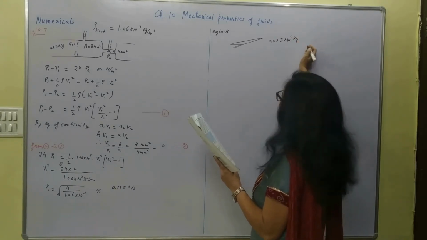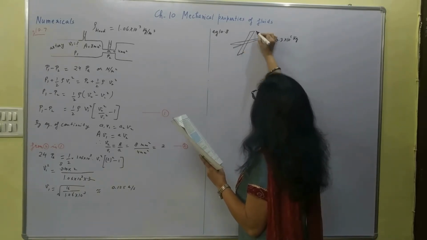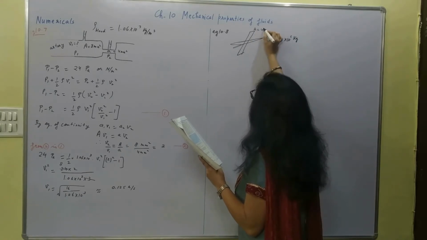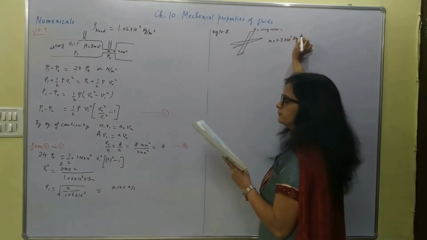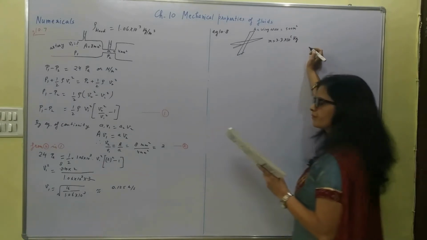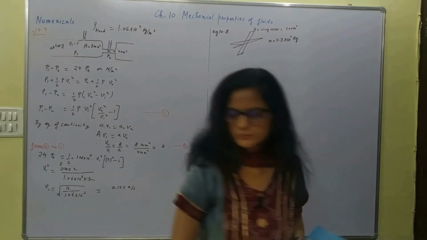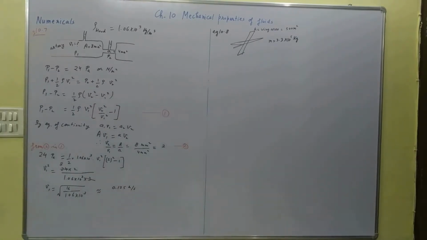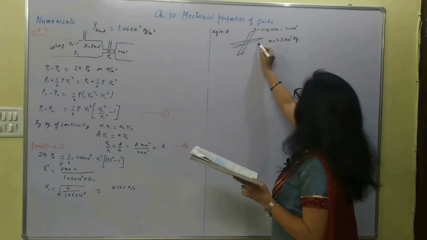Its total wing area is 500 meters square. It is in level flight with a speed of 960 km per hour.